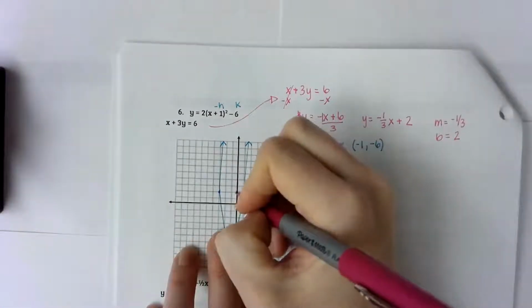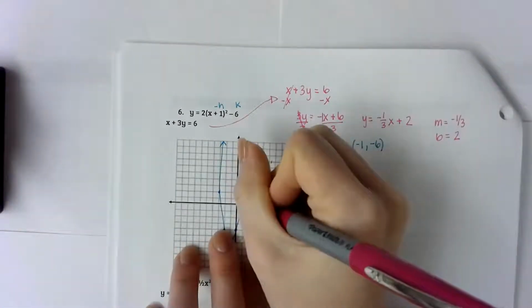So if I start at 2, then I'm going to go down 1 over 3.